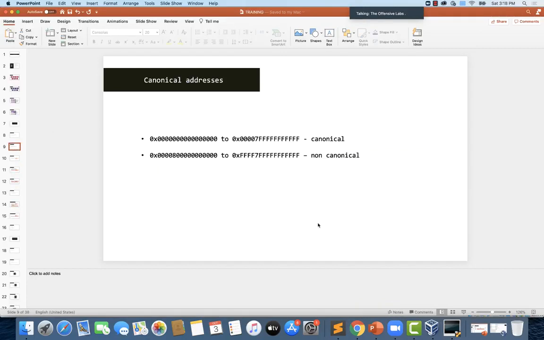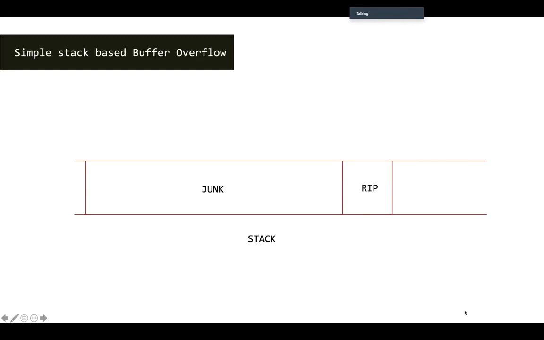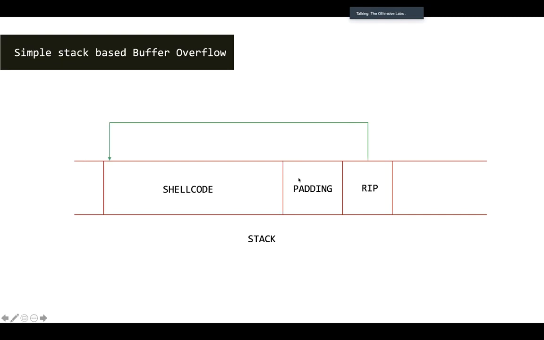Let me just quickly show you some slides. So here we have some junk, and our goal is to overwrite the EIP register. I'm just giving a quick recap with a pictorial representation. We kept some padding here, and we placed some shellcode in the beginning, and we overwrote the EIP register with some address that points to the shellcode.